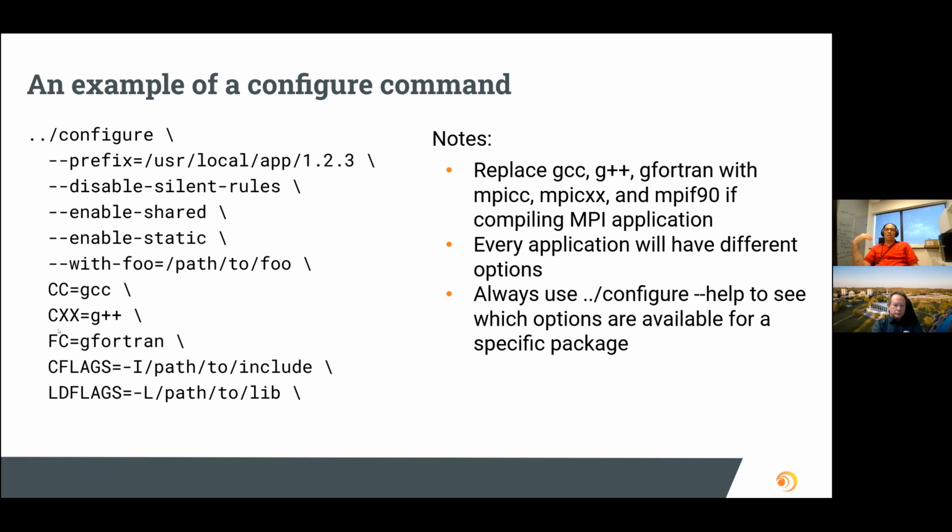F77 is the environment variable, typically a capital F and then 77. And here I'm using CFLAGS, which specifies the path to the include, and LDFLAGS are for the linker. These are flags that are expanded in the makefile to expand to the search path for the linker.